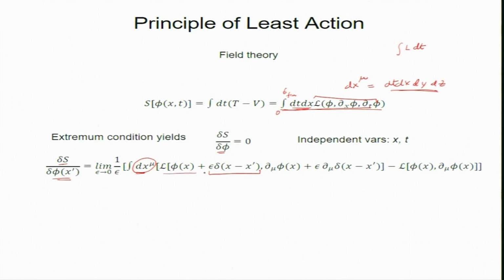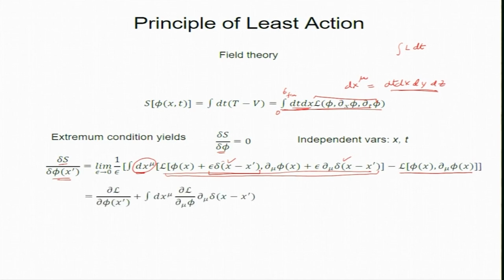So the Lagrangian, which is a function of the perturbed phi and its derivatives, we subtract the Lagrangian with the original phi and its derivatives. When I subtract, I need to do the Taylor expansion, because we assume these two quantities to be small. Following exactly the same procedure as we did for particles, we get this.